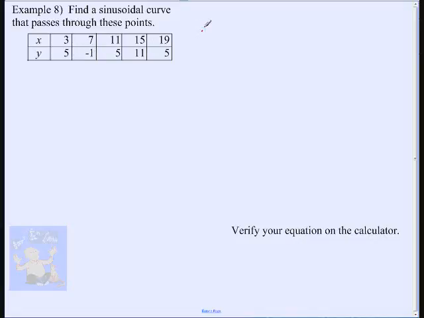My first point, y, is at 5, and my next one is at -1, and my next one is at 5, and my next one is at 11, and my next one is at 5. Now these look to me like they match up pretty well to what we would expect to see for our 5 critical points, right? Our 5 key points.